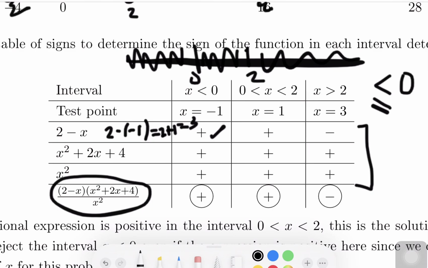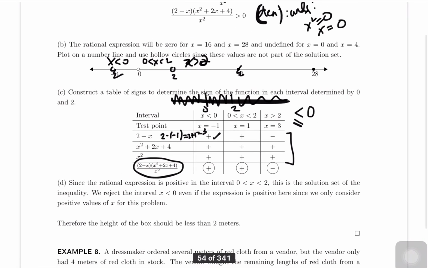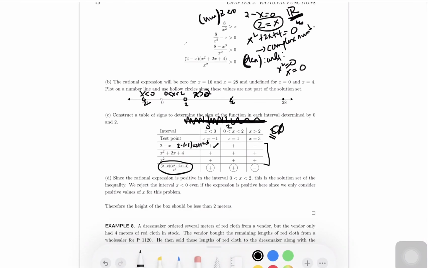So therefore, it is greater than 0, sorry. Greater than 0, so we'll use positive. Now take note, we're talking about side length or the height.